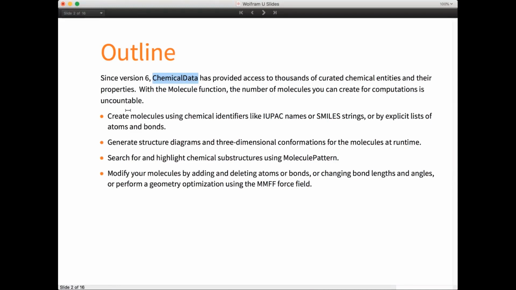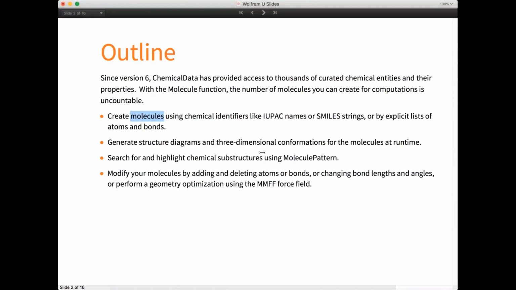All right, so the basic capabilities for using Molecule is that you can create a molecule from any kind of identifier. You can generate 2D structure diagrams or three-dimensional conformations very quickly. You can search for and highlight chemical substructures.